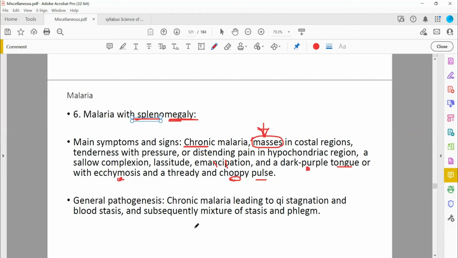Pathological products means there's some syndrome or some disease first, and then for a long time, the body will generate something else like the blood stasis, the phlegm. So we call the blood stasis, the phlegm, the pathological products.